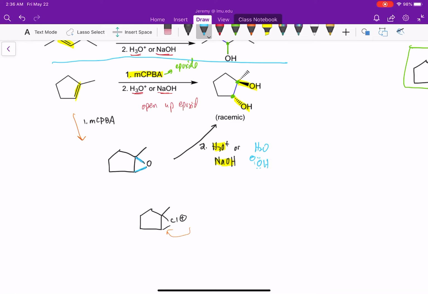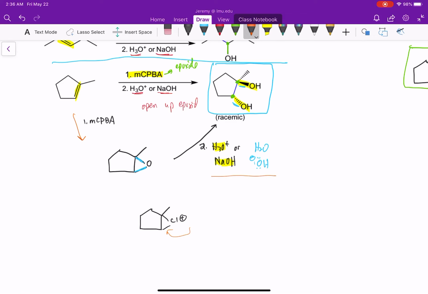The O is 50% up on wedges and 50% back on dashes, so you're just going to get the opposite stereochemistry. It's important to notice, just a reminder, we have to have the opposite stereochemistry in this reaction.